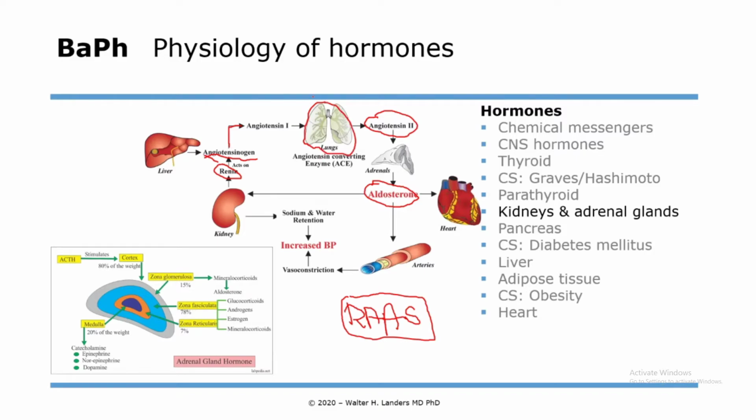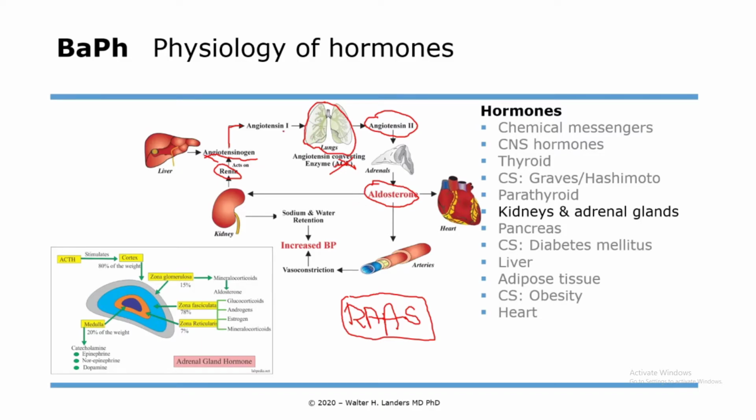And not just in the lungs, also in the kidneys themselves. But there's an enzyme here called ACE. Perhaps you guys are familiar with medications called ACE inhibitors. Those are antihypertensives. What they do is that they inhibit the function of this enzyme. And what happens then is that you get less angiotensin 2 and therefore less increased blood pressure.